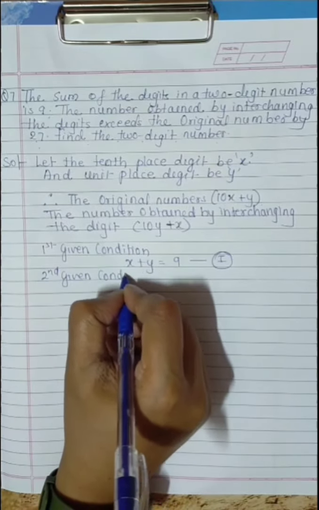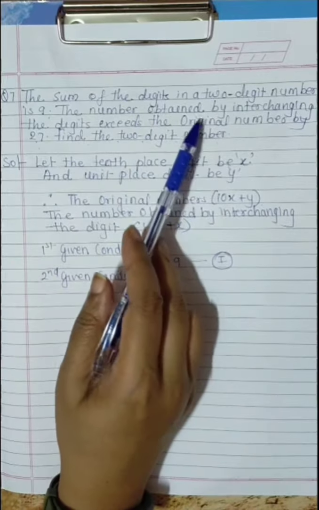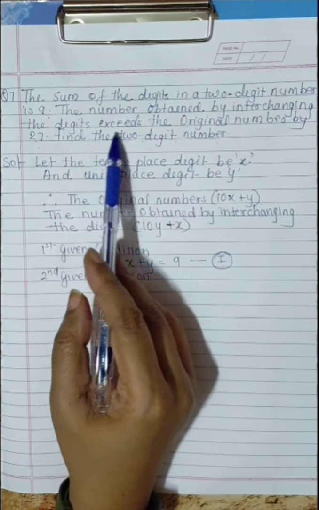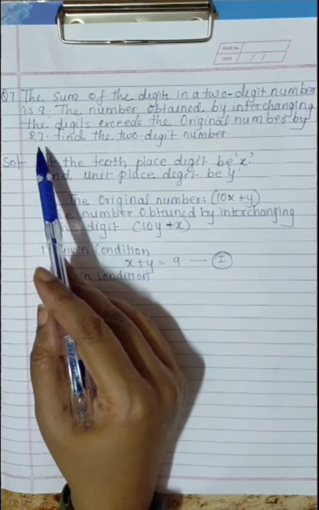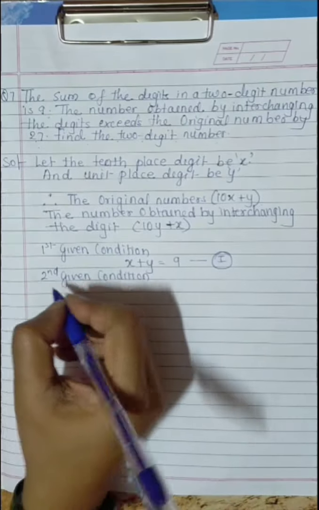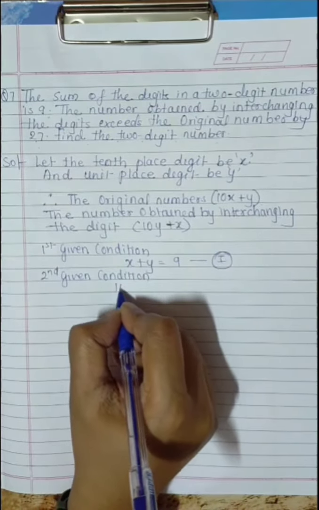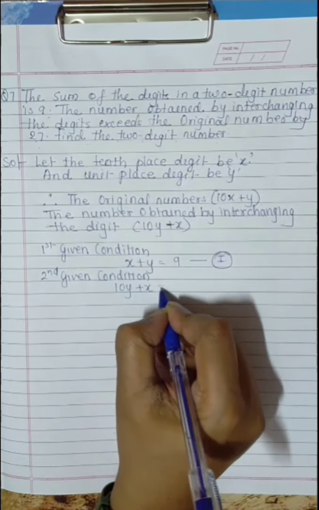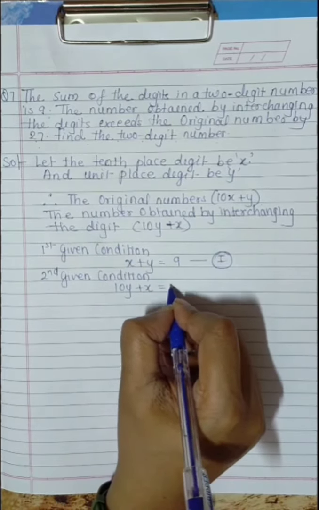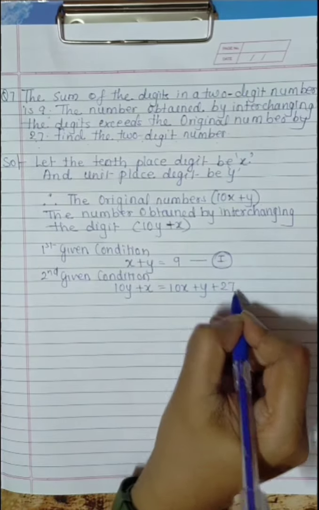The second given condition is that the number obtained by interchanging the digits exceeds the original number by 27. Okay. Now here we have written 10y plus x equal to 10x plus y plus 27.